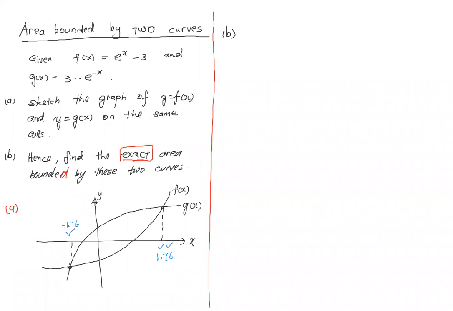So we have to solve f(x) equal to g(x). Am I right? My f(x) is e to the power x minus 3. And my g(x) is 3 minus e to the power negative x.